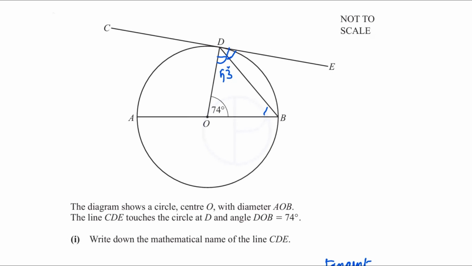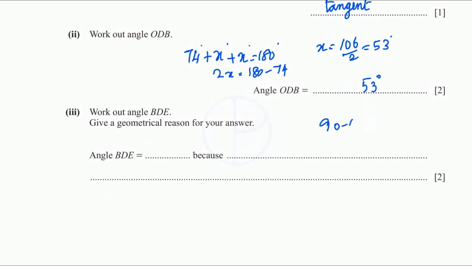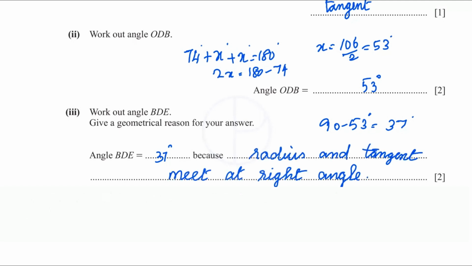So 90 minus 53, you will get this angle, angle BDE, which is 37. Angle BDE is 37 because radius and tangent meet at right angle.